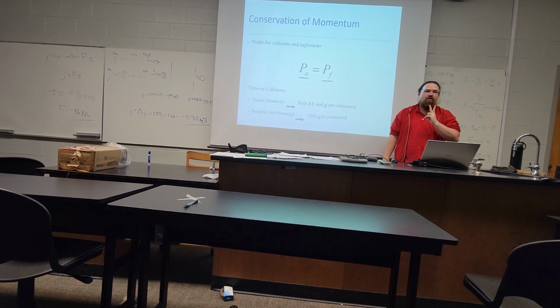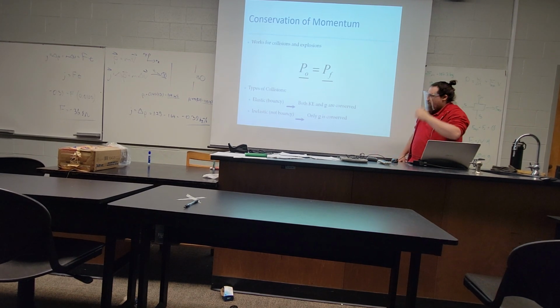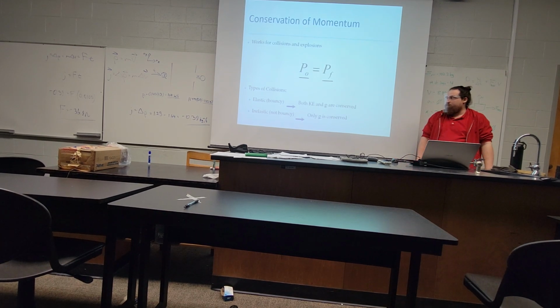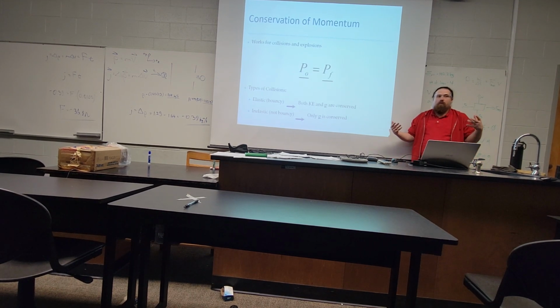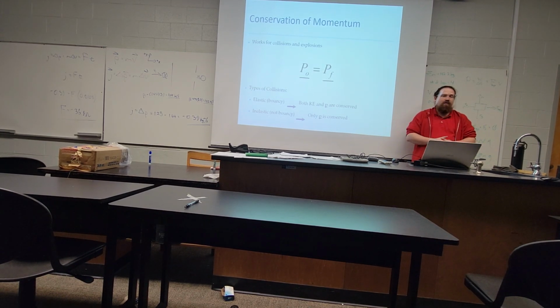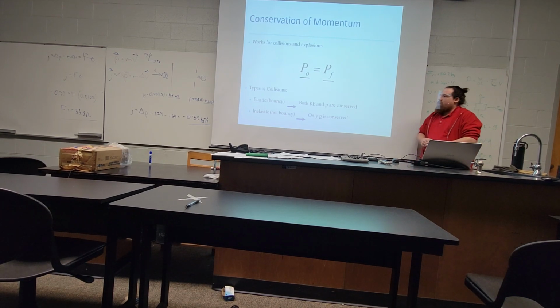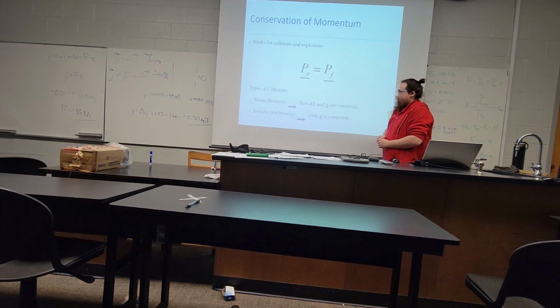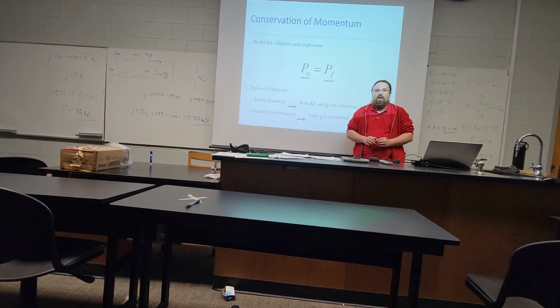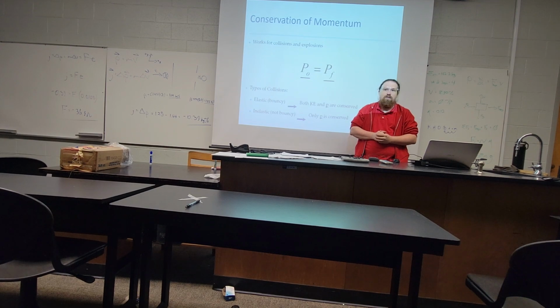The two types of collisions we're going to be studying are elastic ones, which is to say, quite literally, bouncy collisions, where things tend to bounce off of one another, like basketballs and things of that effect. And inelastic collisions, where things don't bounce off of each other because they crush and stick together.